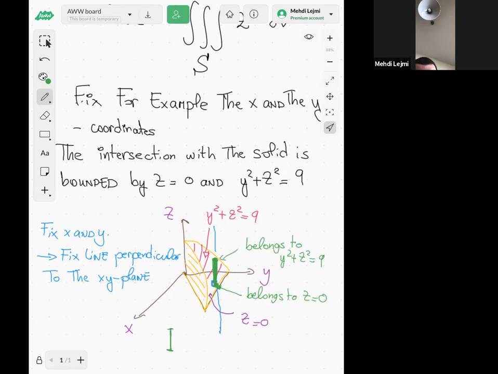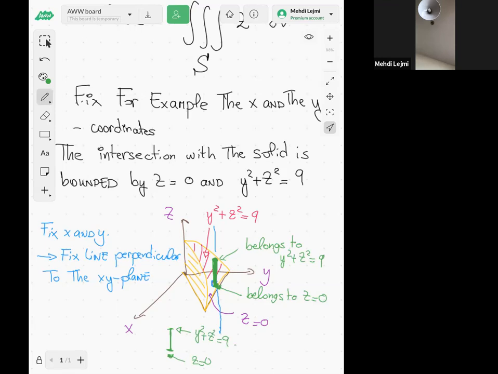Now, the bottom of the segment is a point which belongs to z equals 0, and the top of this segment belongs to the cylinder, y squared plus z squared equals 9. All right.